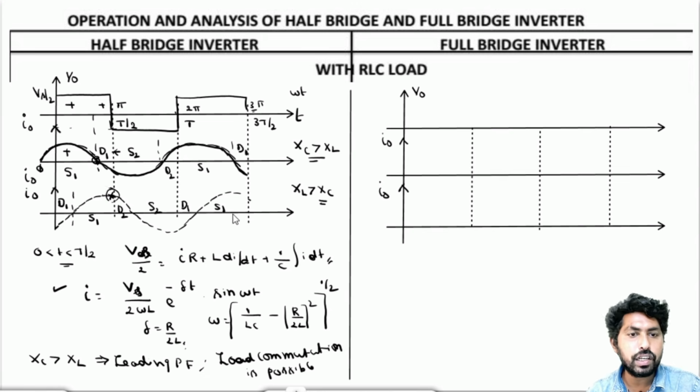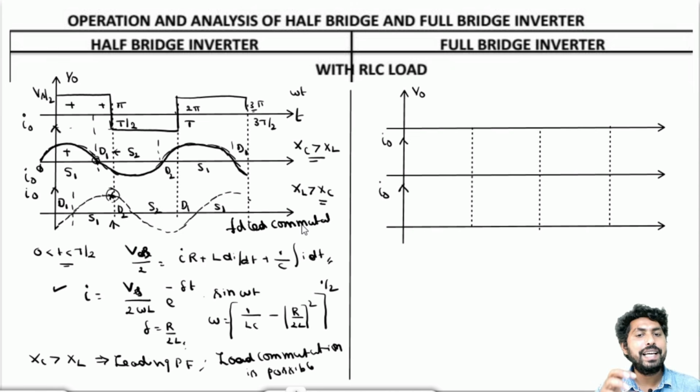So in case of XL greater than XC, at this instant forced commutation is required. When XC is greater than XL, it is commutated by load commutation. When XL is greater than XC, forced commutation is required.